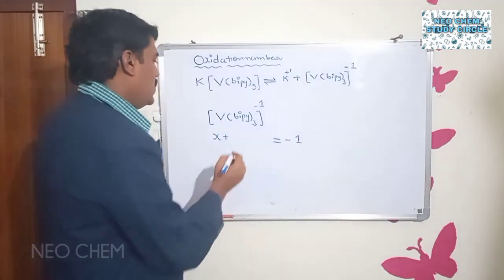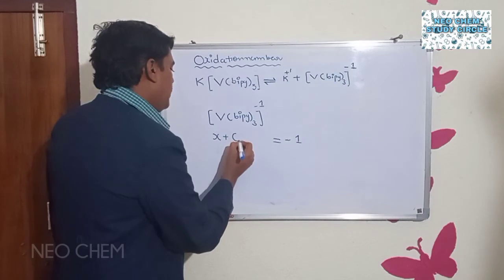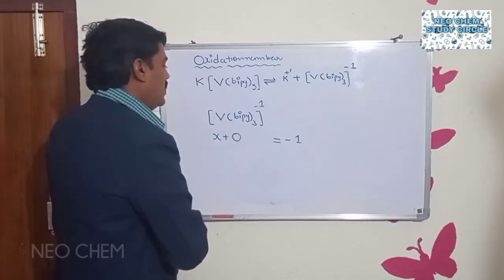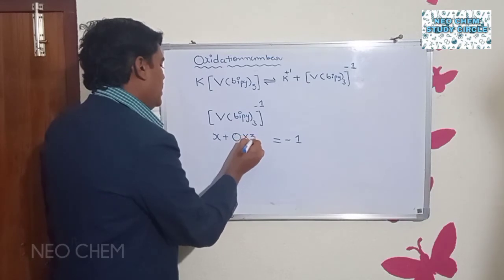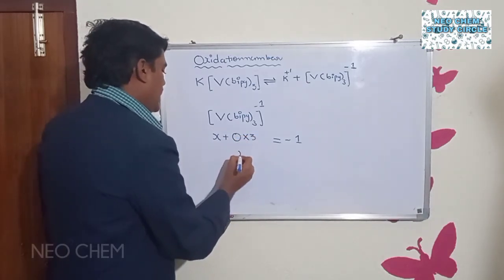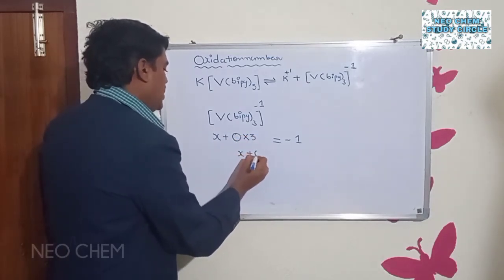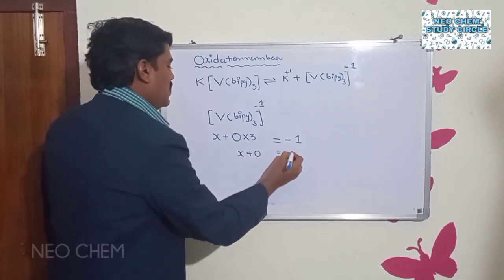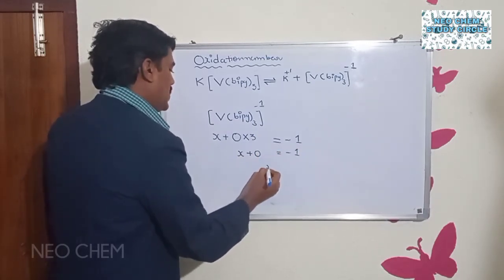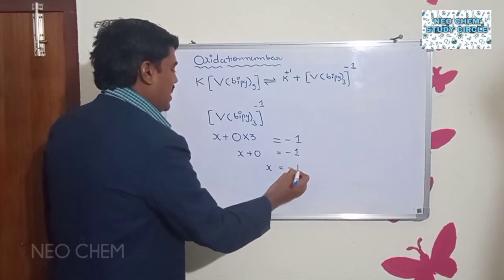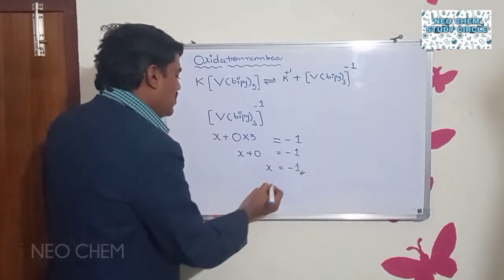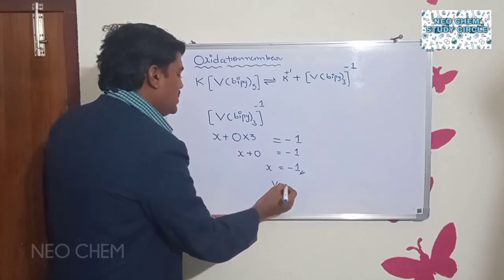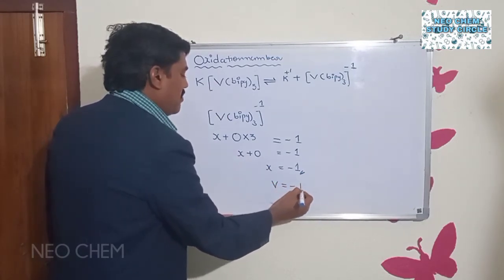Here the charge of the bipyridine ligand is 0, and the number of bipyridine ligands is 3. So X plus 0 is equal to minus 1. So X is equal to minus 1. That is, in the given complex compound, the vanadium oxidation number is how much? Minus 1.